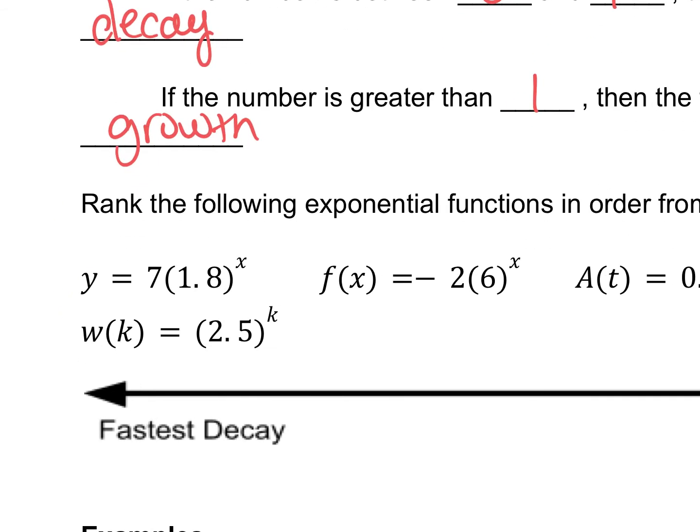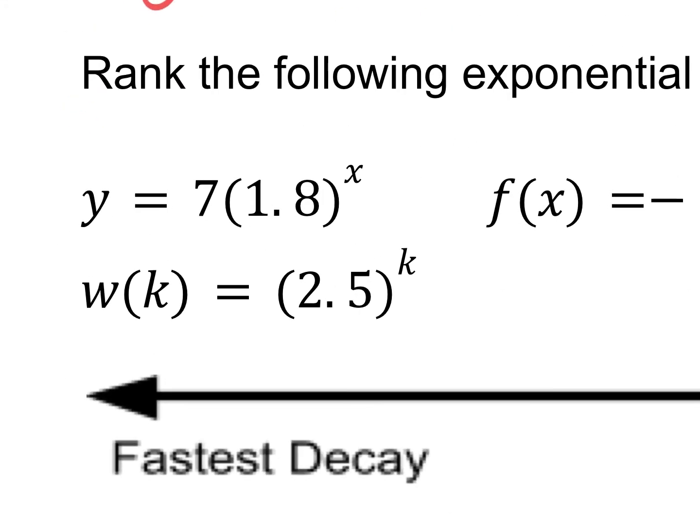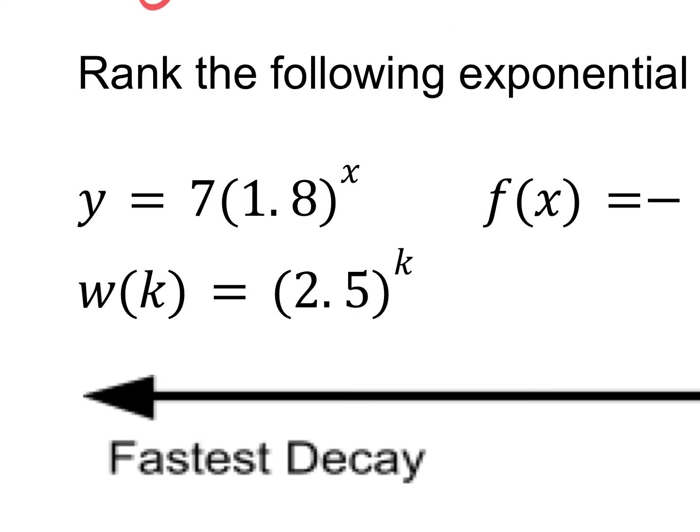They want us to arrange these in order from fastest decay to fastest growth. So let's talk about this one. To know if it's growth or decay, you don't even care about the number out front. You are just looking at the number inside the parentheses, or the number that's being raised to the power. If it's greater than 1, it's growth. If it's between 0 and 1, it's decay.